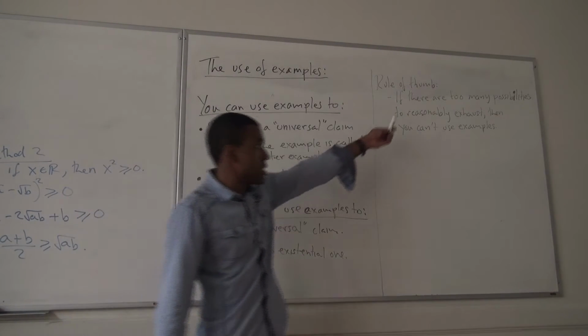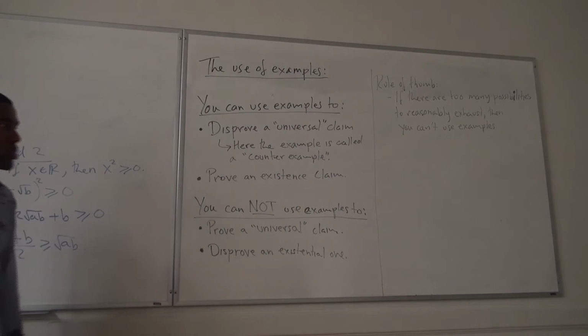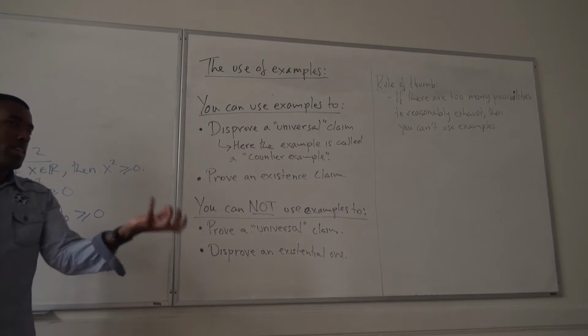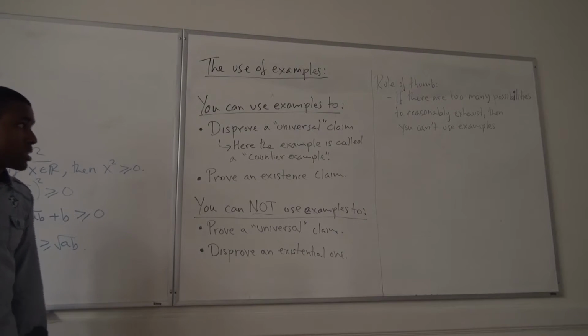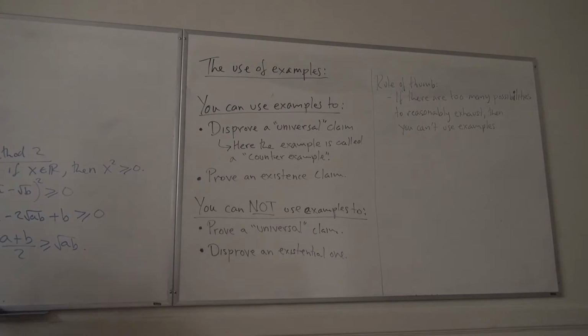In general, if there are too many things for you to verify by hand, you can't use an example to prove it. Existential claims are not this way, because you just have to find one example to prove an existential claim, which is reasonable to do by hand. So that's a general rule of thumb for how we deal with examples.